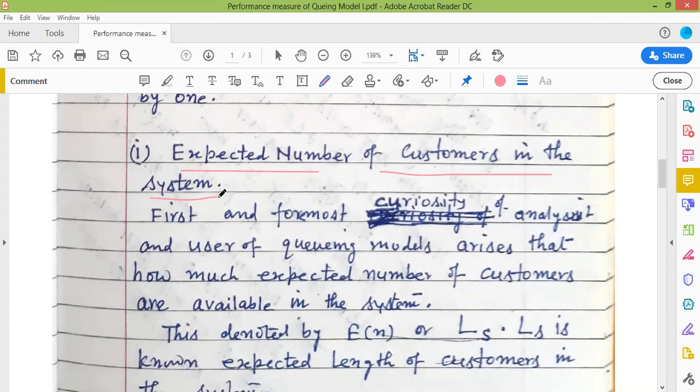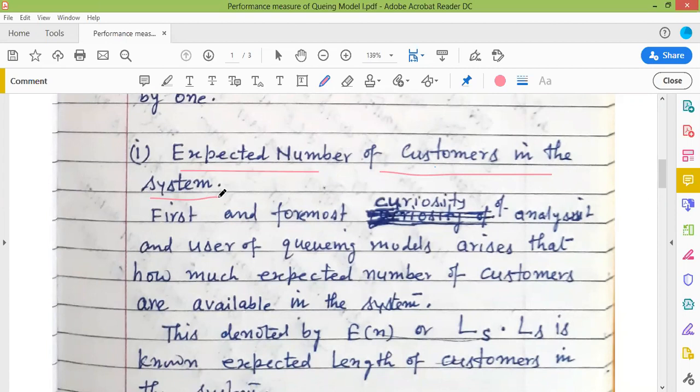That is one part. Suppose there are 3 servers, then 3 customers are being serviced, but still they are in the system. They have not departed from the system and therefore they are also in the system, though their service has already started.